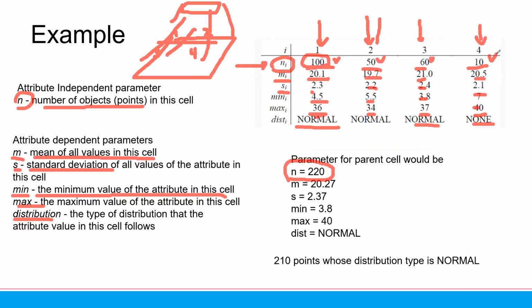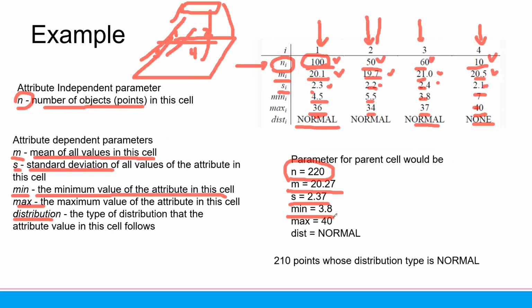We have 220 data. What is the average? We have 20.27. We just do the calculation from this average. And then we have the standard deviation 2.37. We have the standard deviation for every cell.